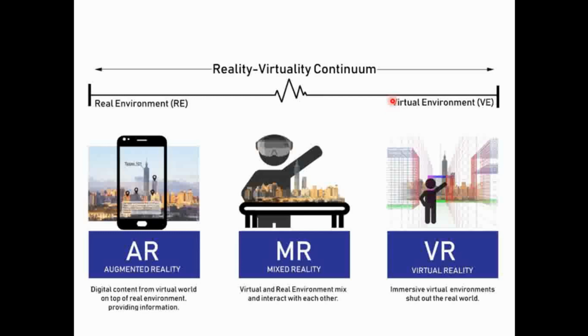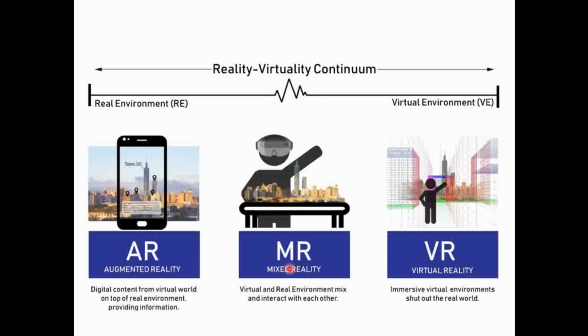And in this image you will find one more term, that is augmented reality, mixed reality and virtual reality. Here you can observe the reality virtuality continuum. Okay, so real environment RE and virtual environment V. Augmented reality is nothing but digital content from the virtual world on top of the real environment providing information.